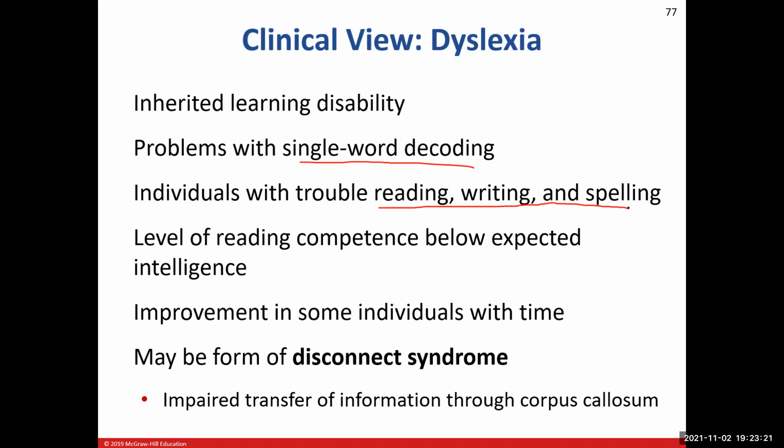Even though he'd have issues with his dyslexia, his ability to articulate words was great. And the crazy part was, I know it says the level of reading competence is below the expected intelligence, he read books all the time. So there's ways to overcome and adapt. And that's my point. And that's what happened with my roommate.